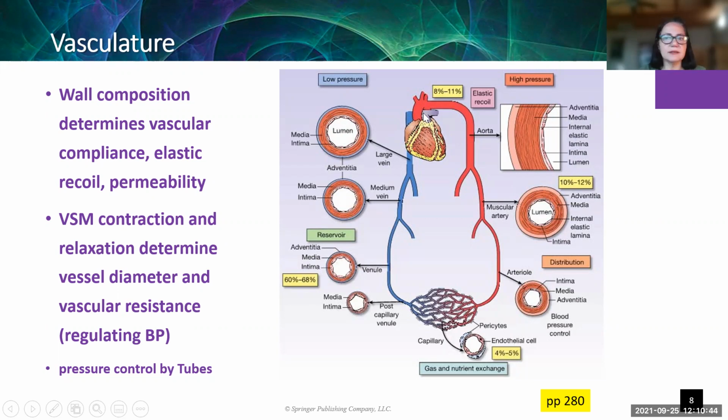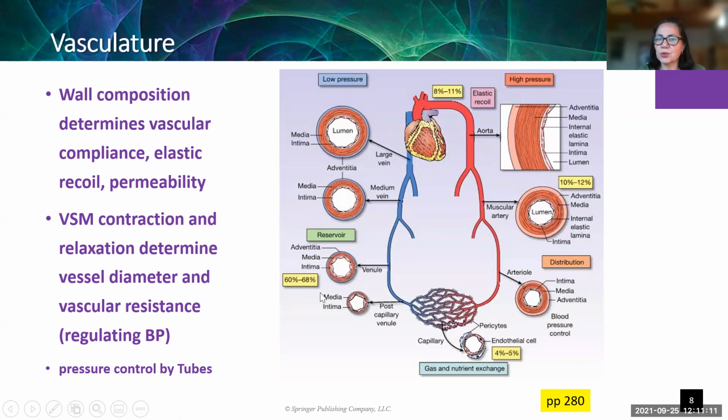Oh, I know what I wanted to point out here. I'm never going to test you on what these percentages are exactly. What I want to point out is, if you just take a quick snapshot of where is the blood right now, those approximately 5 liters of blood that we have, where is it all? A little bit is in the heart, some more of it is in the arteries, a little teeny bit is in the capillaries at any given time.